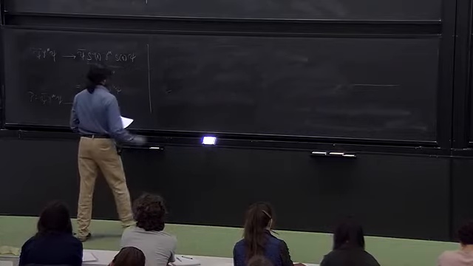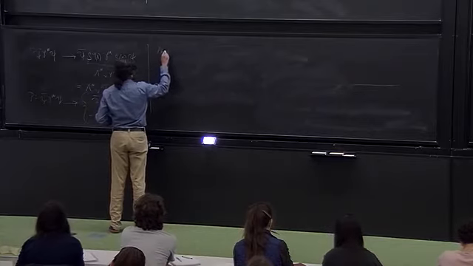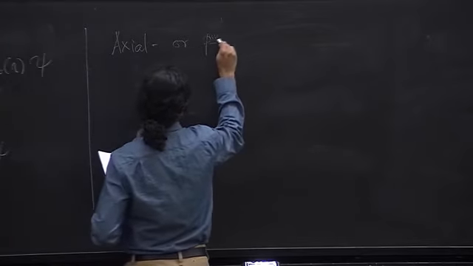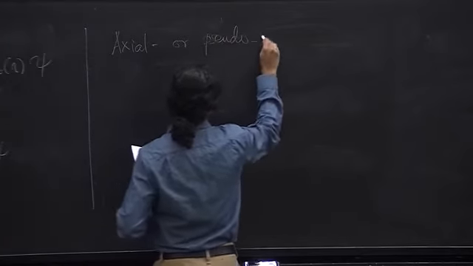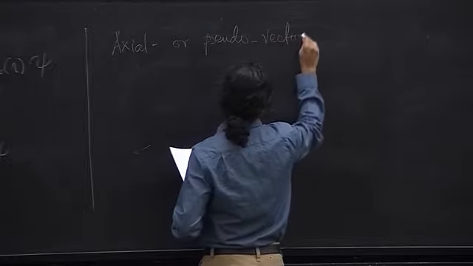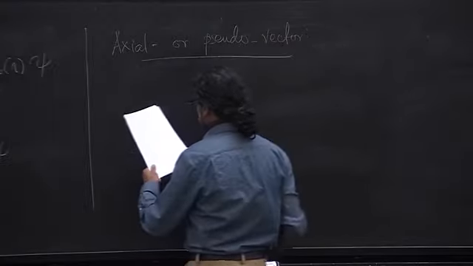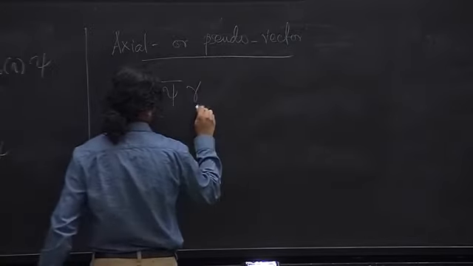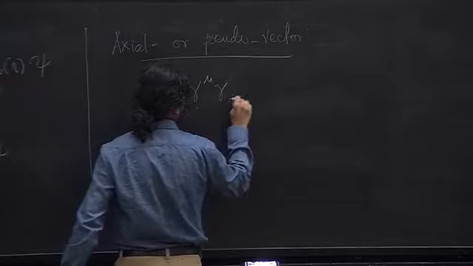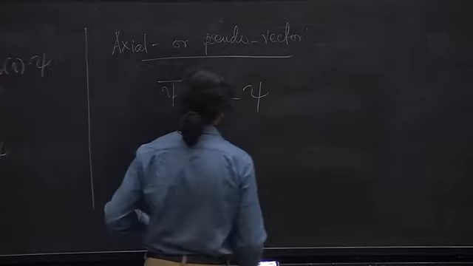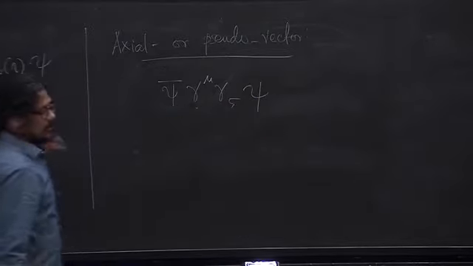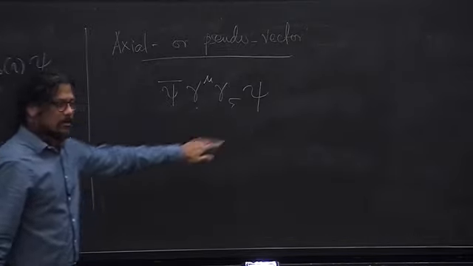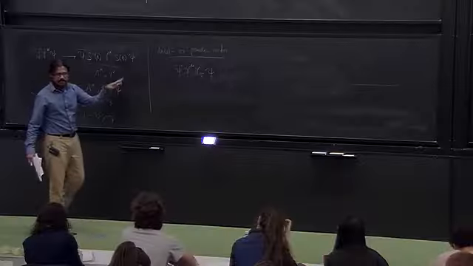So in 4 dimensions, you can construct an axial or pseudo vector by using gamma 5. So you had gamma mu. If you just put a gamma 5 here, you can show that, again, under Lorentz transformation, the gamma 5 does absolutely nothing because the S's commute through gamma 5, right?